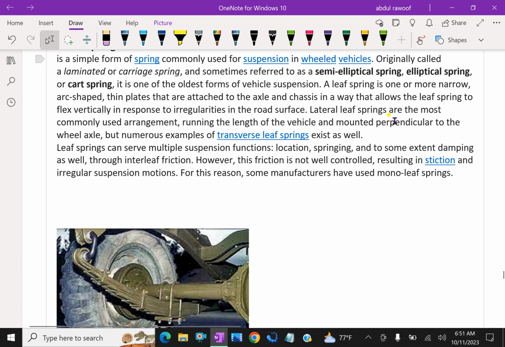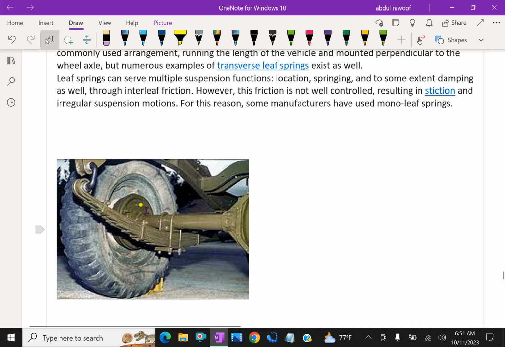Lateral leaf springs are the most commonly used arrangement, running the length of the vehicle and mounted perpendicular to the wheel axle, but numerous examples of transverse leaf springs exist as well. Here, when a heavy vehicle is fully loaded, the load is transferred to the leaf springs and the suspension is good.